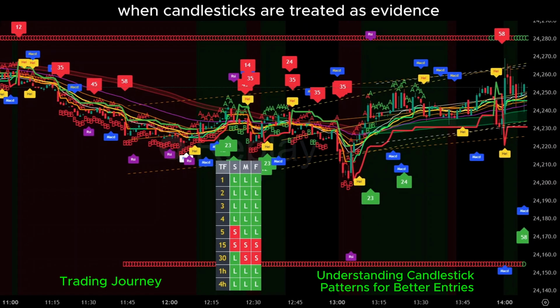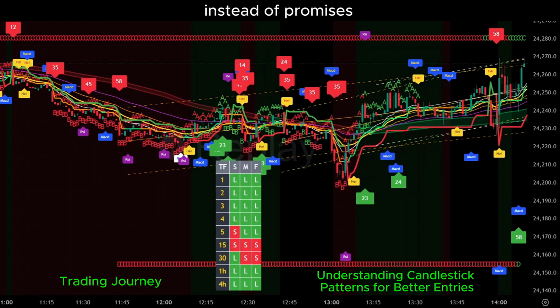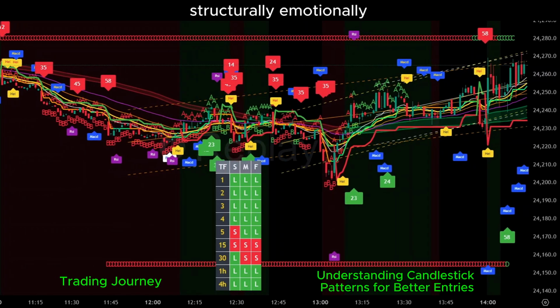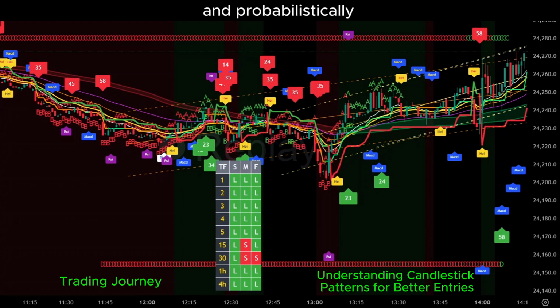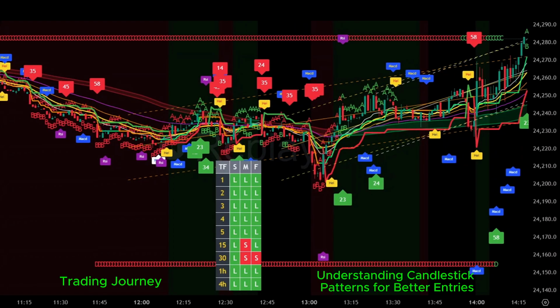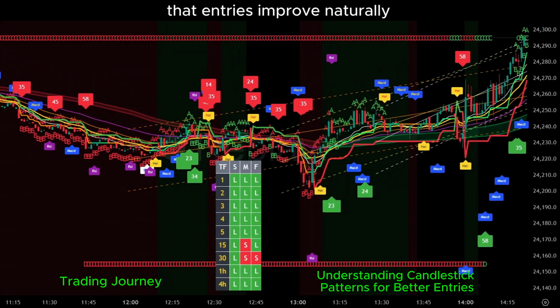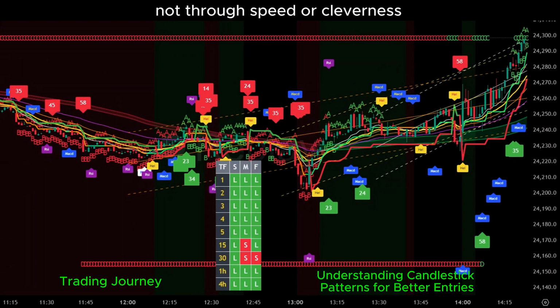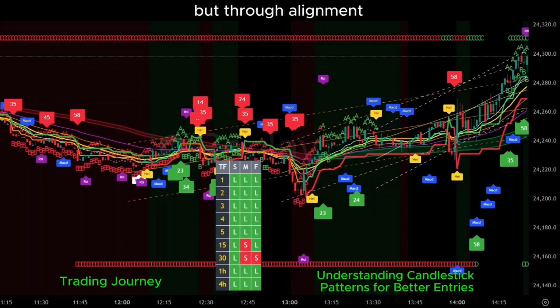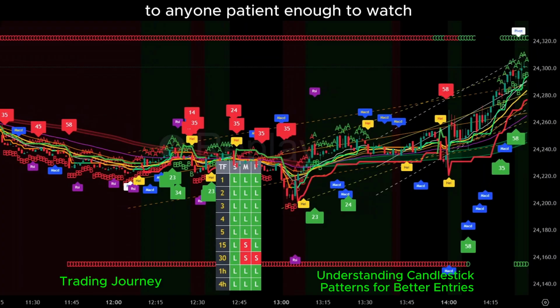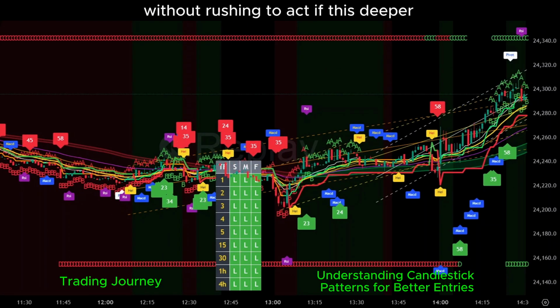When candlesticks are treated as evidence instead of promises, they guide you toward trades that make sense, structurally, emotionally, and probabilistically. And it is from this grounded relationship with price action that entries improve naturally, not through speed or cleverness, but through alignment with what the market is already showing to anyone patient enough to watch without rushing to act.